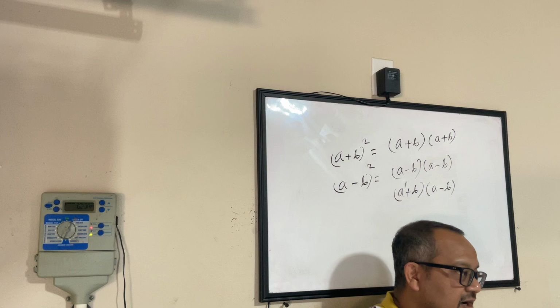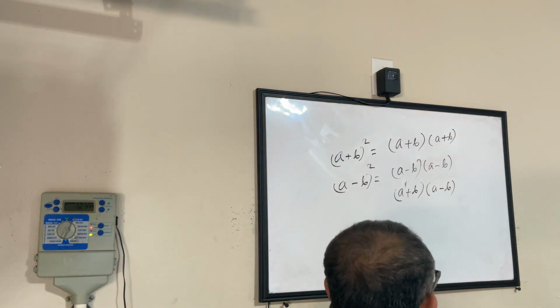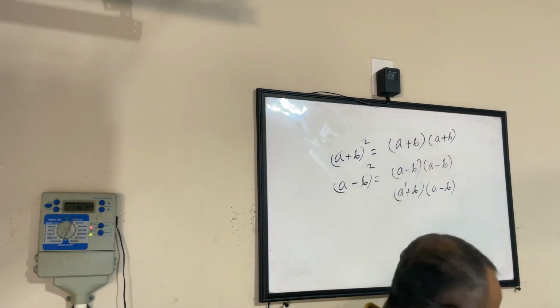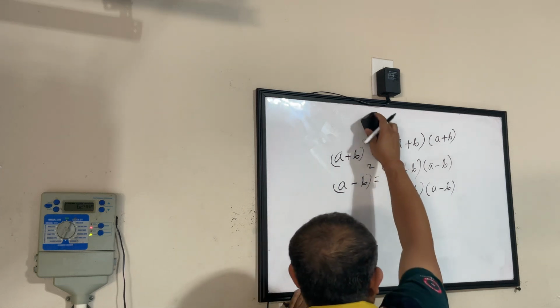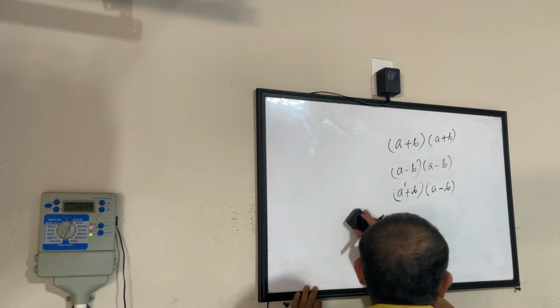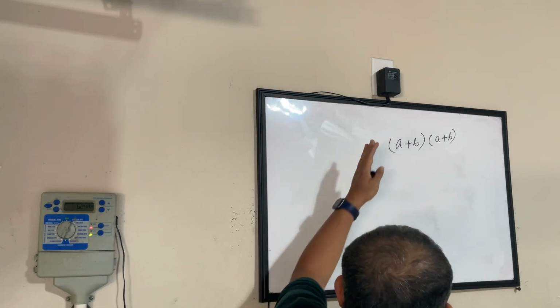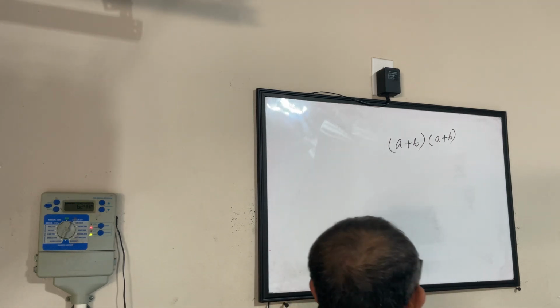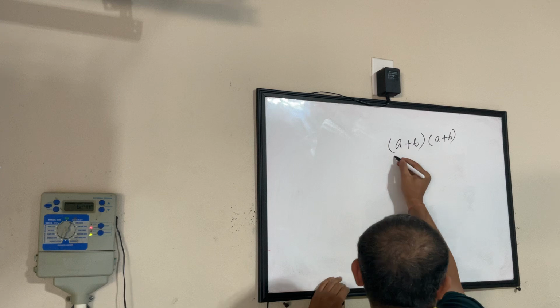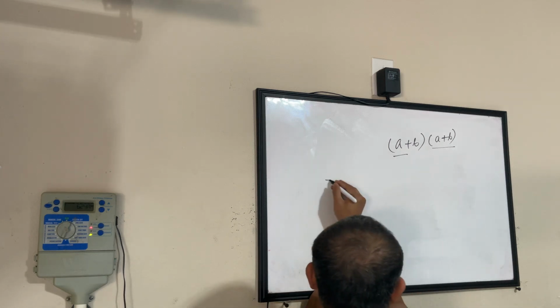Some of you got a different answer than what it's supposed to be. Let's do it like a baby again. I don't know, babies might get super angry with me. I keep calling out their names over and over again, but I like to do everything the way babies do. So A plus B into A plus B.